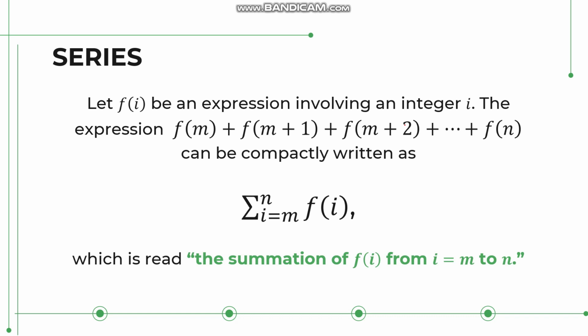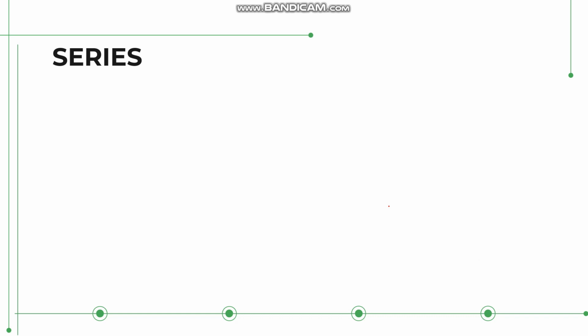This is what we call the sigma notation or the summation notation, from the word sum. That means you are referring to the sum of the terms of the given sequence. Again, series can be written as summation notation.